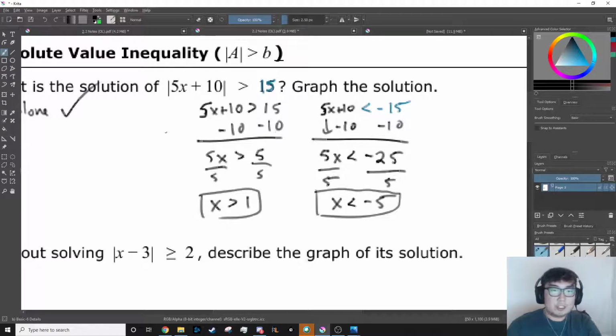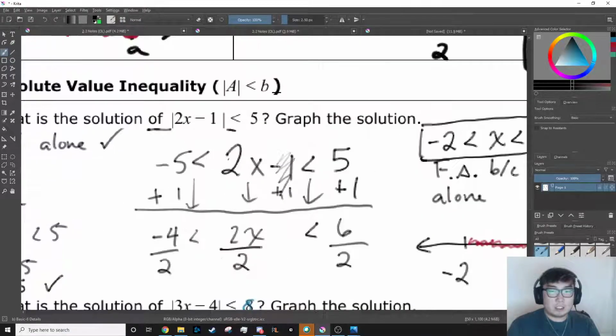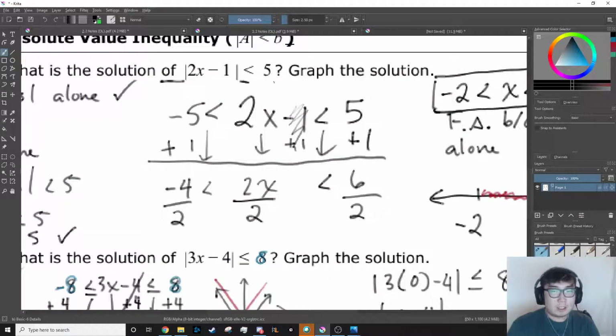If you notice, I took the same steps for both of these at the same time. Step 1 was to subtract 10, and this step was to divide by 5. The reason I combined those statements before, in those questions, is that I'm going to have to do the same operations, because I'm talking about the same equation inside my absolute value for both answers.